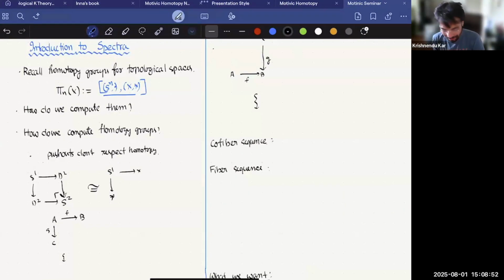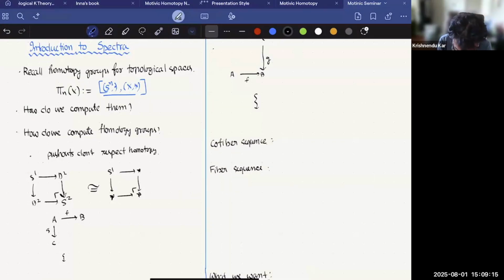Now you apply homotopy on the D2 and D2. They're contractible, so that's a point, and this is also a point. Attaching two points along anything will give you a point. So there you go, your D2 is homotopic to the point.